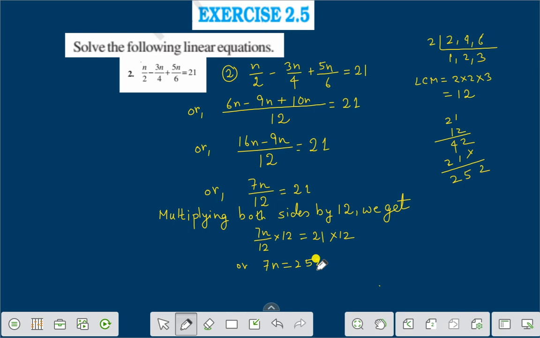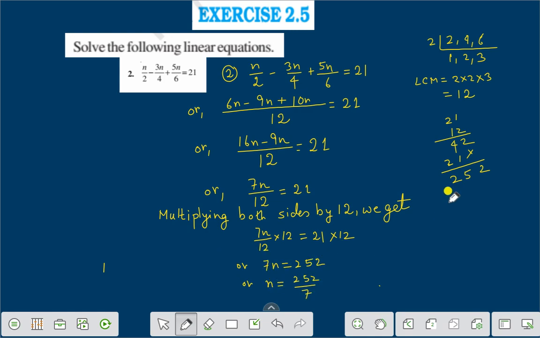Dividing both sides by 7, we get n is equal to 252 by 7.